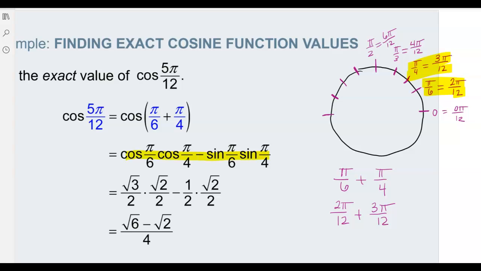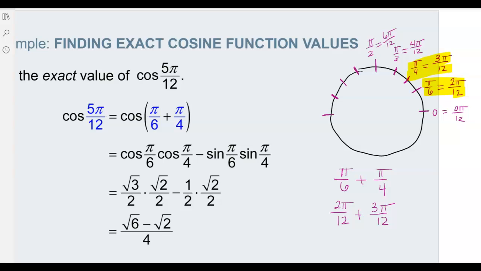In this case, it's the sum formula for cosine. And then we just extract the different values. The cosine of pi over 6 is root 3 over 2. The cosine of pi over 4 is root 2 over 2, and so forth. And just like we did in the last example, we multiply across to get square root of 6 minus square root of 2, all over 4.